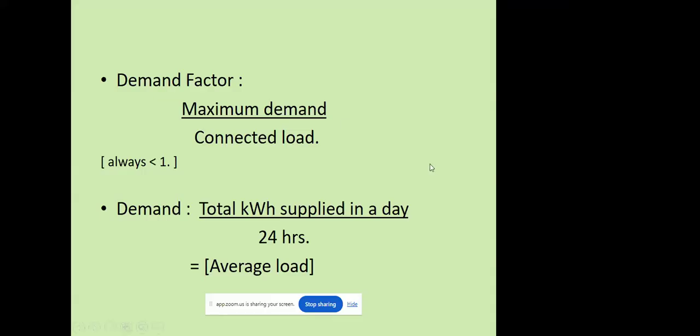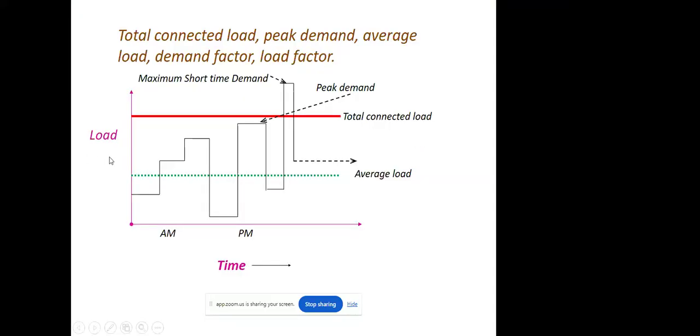But this requirement may be different in summer season, may be different in winter season, depending on the type of the establishment. If it is a mall, naturally the demand is higher during festivals. At other times, the demand will be less. As a simple graphical representation, we can see here total connected load, peak demand, average load, demand factors.